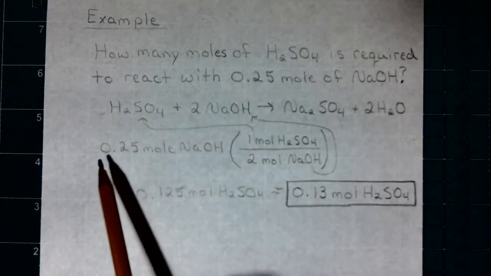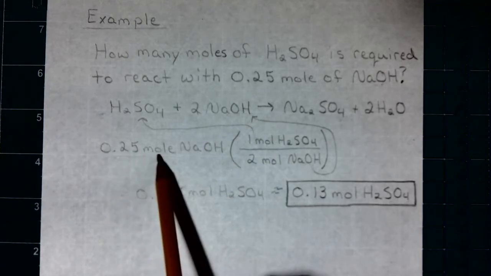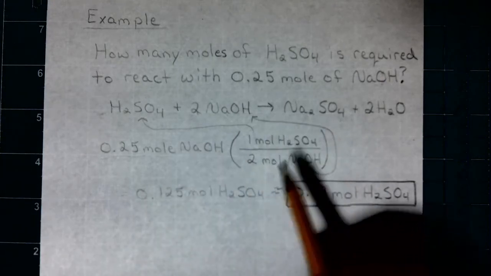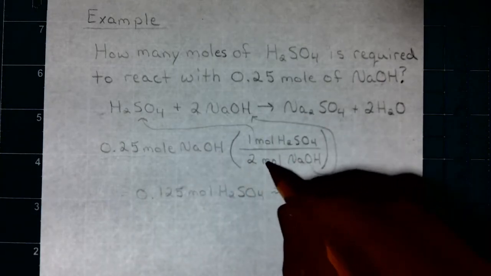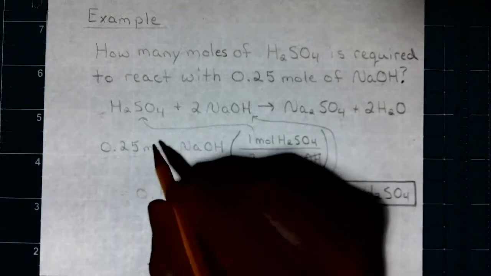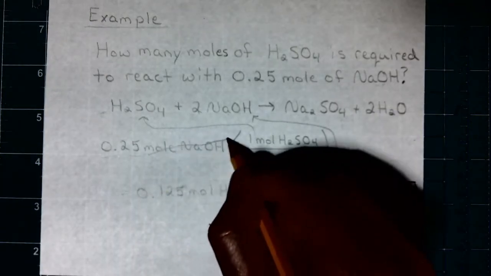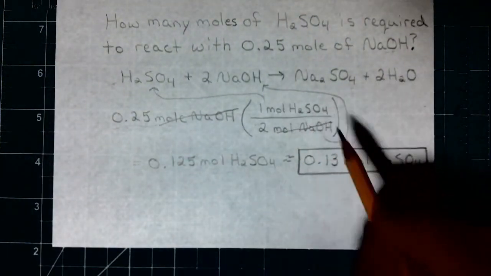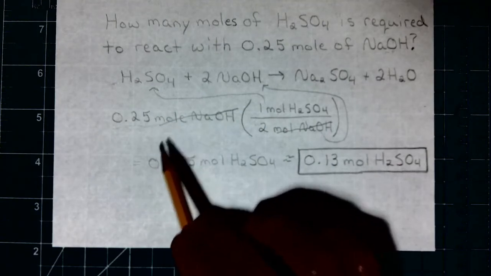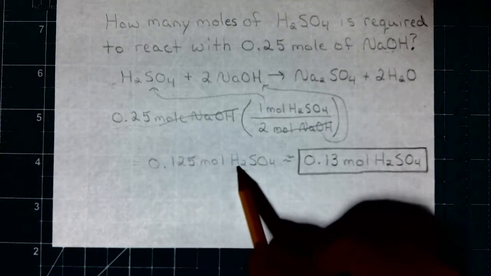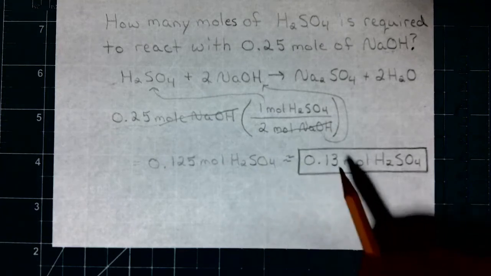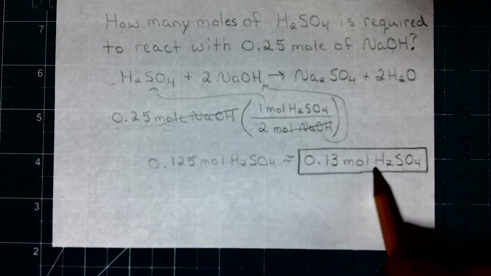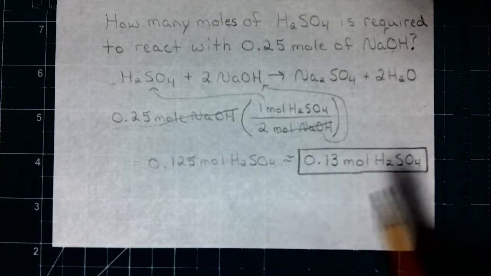And I'm writing it in such a way that when I have the 0.25 moles of sodium hydroxide, I'm going to be able to cancel the moles of sodium hydroxide. And I'm left with the moles of sulfuric acid. When I do this math out, I get 0.125 moles of sulfuric acid. When I do my significant figures, I need to round that to 0.13 mole of the sulfuric acid.